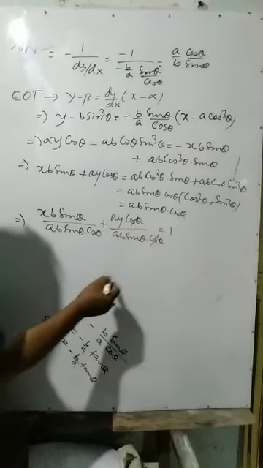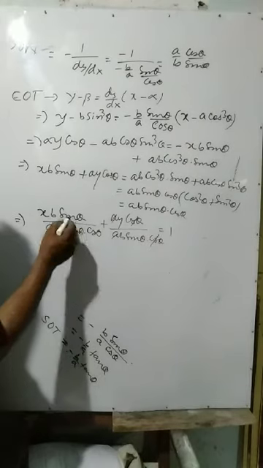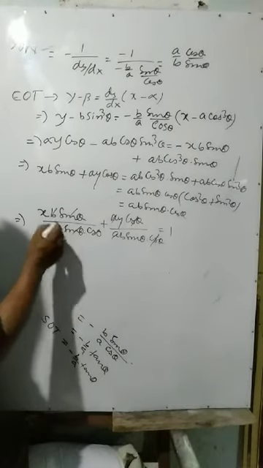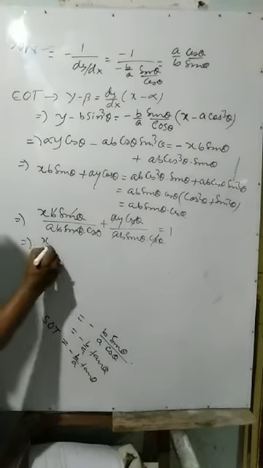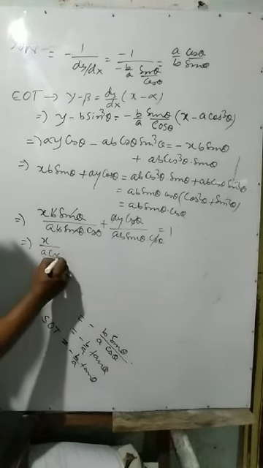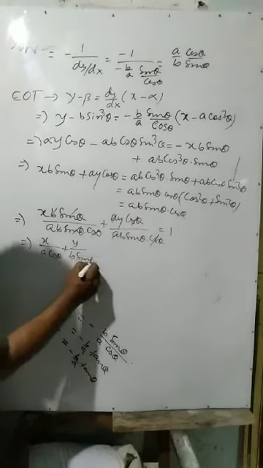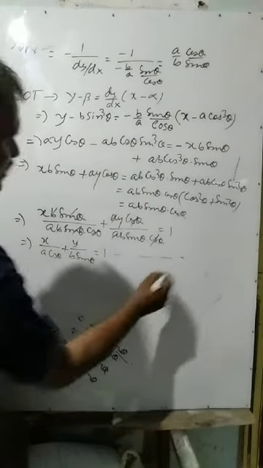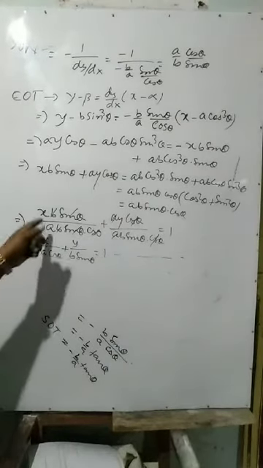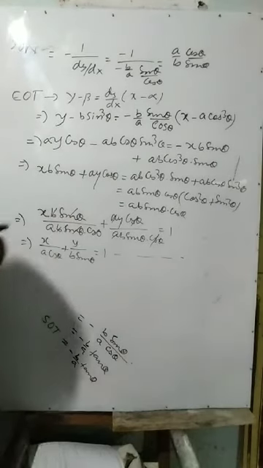Here cos theta and b cancel, here sin theta and b cancel. The remaining is x by a cos theta plus y by b sin theta equal to 1. This is the equation of the tangent. Very important problem for your exam also.